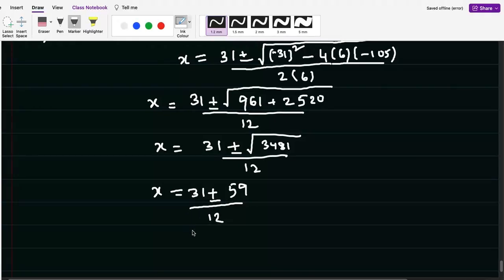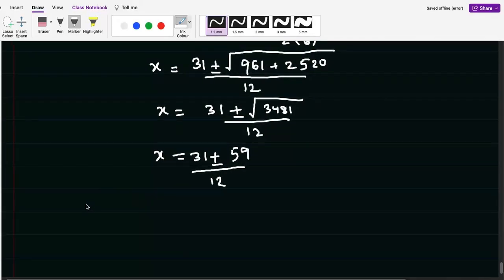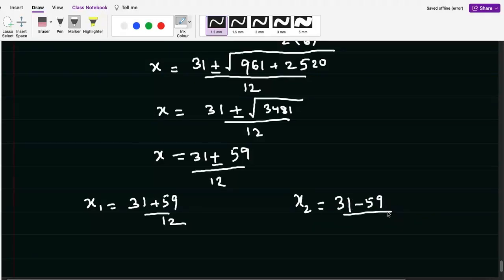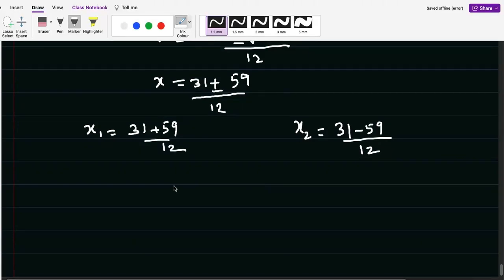Now what we do, we separate this out. We will find out both the roots. First, 31 plus 59 divided by 12. The second root will be 31 minus 59 whole divided by 12. So x1 equals 90 over 12. What is 90 over 12?